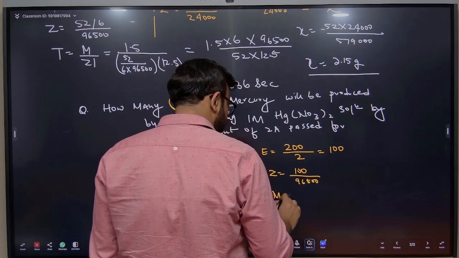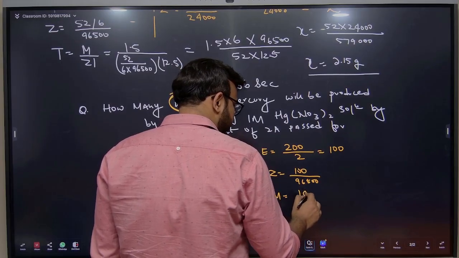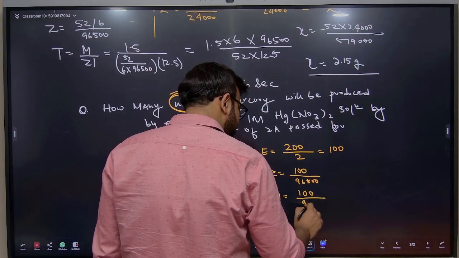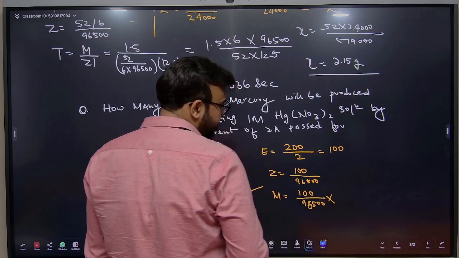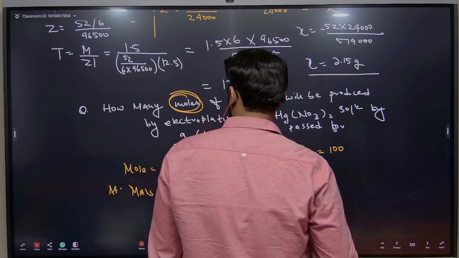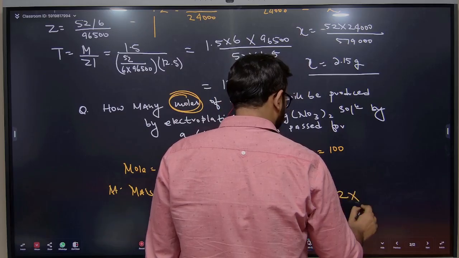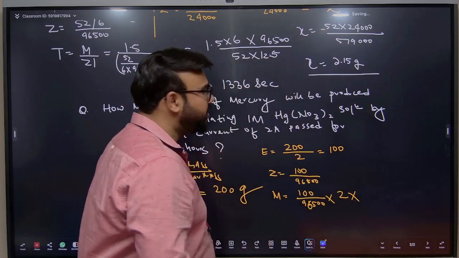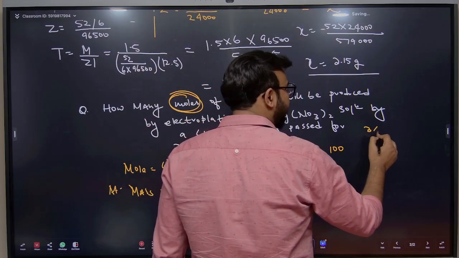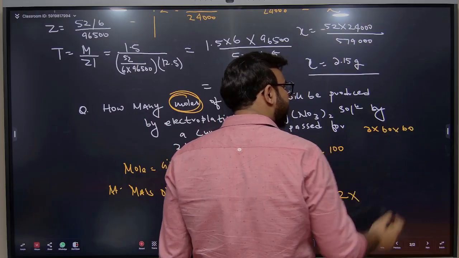So m is equal to 100 divided by 96,500 into I. I is 2, into t, 3 hours, so that means 3 into 60 into 60, right?